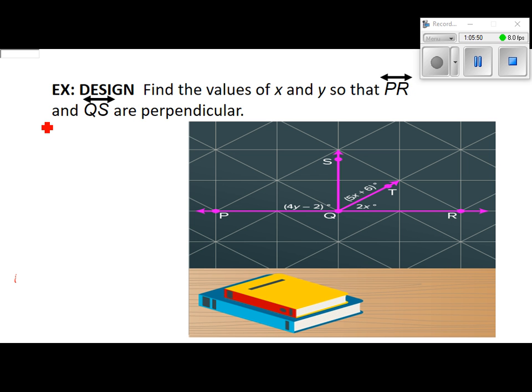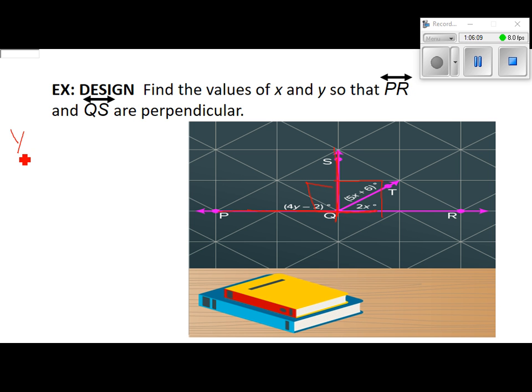What do we know if they tell us QS and line PR are perpendicular? So if this is perpendicular to that, what's that tell us? They're 90 degrees. So that's a right angle right there, and a right angle on that side. So what equation can I set up?